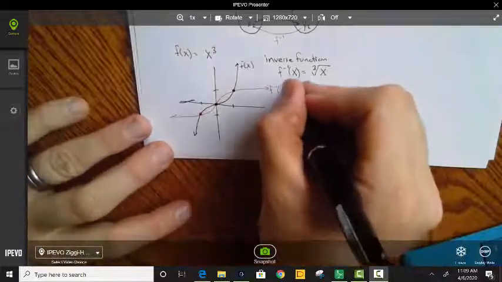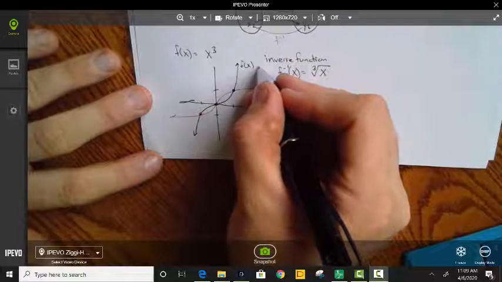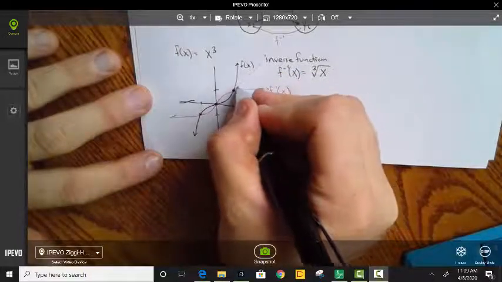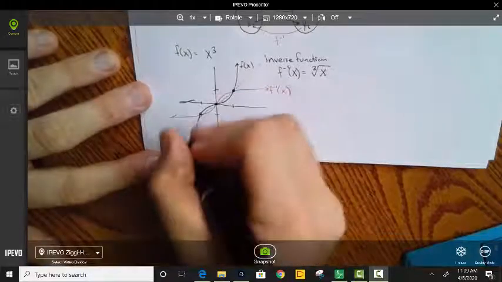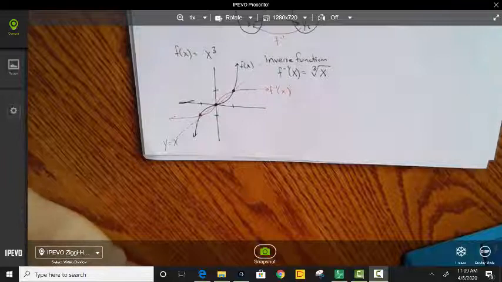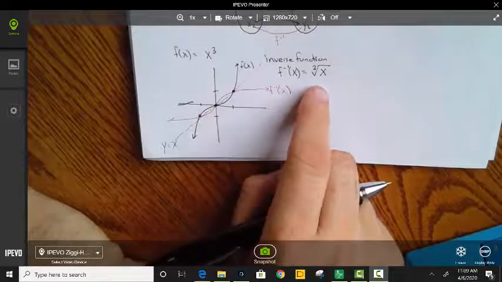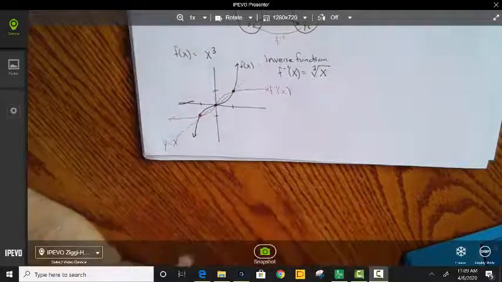Now, what's important to realize from this example is, if I come in here and draw the line y equals x, the inverse function is a mirror image of the original function across the line y equals x.